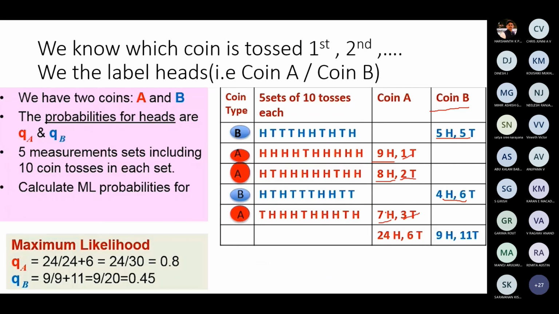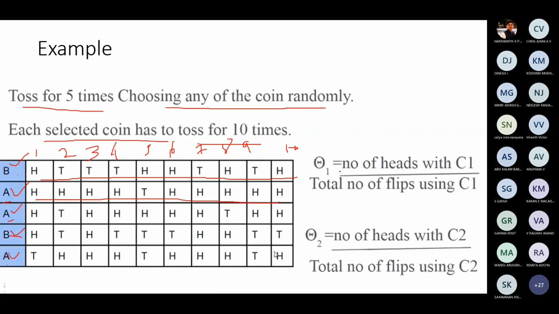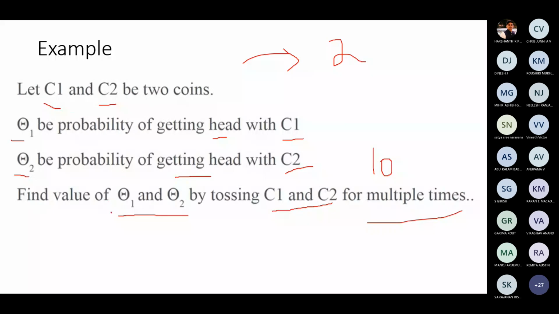Okay, done. So theta 1 is the number of heads with coin 1 divided by the total number of flips using coin 1. Theta 2 is calculated the same way, the probability we are calculating basically. Number of heads of coin 2, because we are bothered only about the head. What is the probability of getting head?